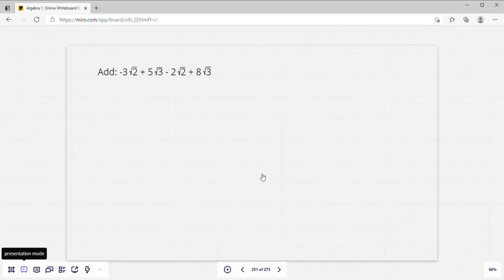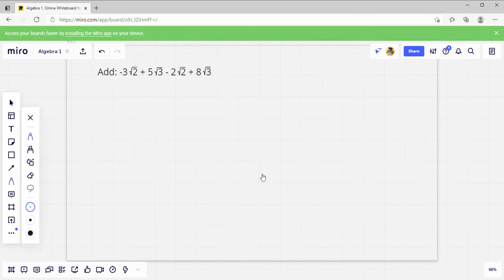All right, this one we're going to look for like terms. I've got square root of 2 and square root of 2 there. And then I've got a square root of 3 and a square root of 3. So I need to add the ones that are like terms together first. So here I've got my negative 3 times the square root of 2 and a negative 2 times the square root of 2.